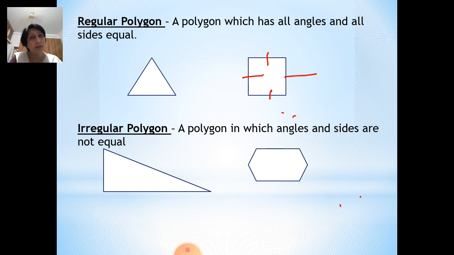Then we have studied whether a polygon is convex or concave. Convex means all the diagonals are inside the polygon, and non-convex means diagonals are outside the polygon. Then regular polygon, in which all angles and all sides are equal. Irregular polygon, in which angles and sides are not equal.